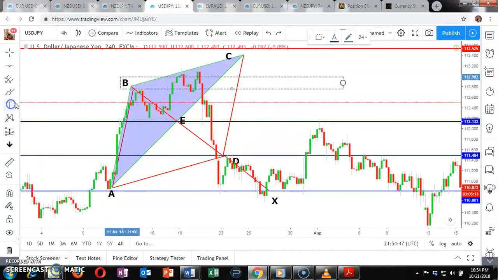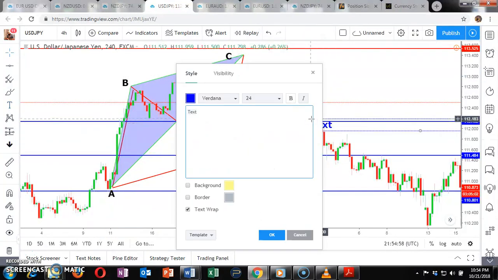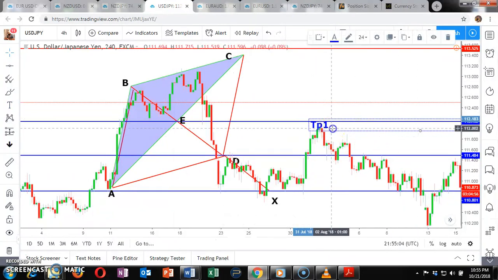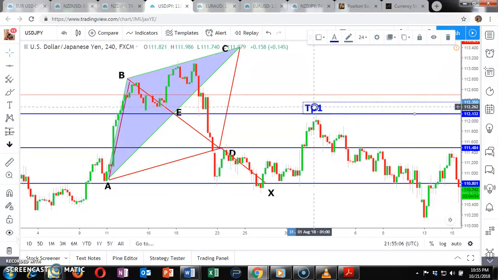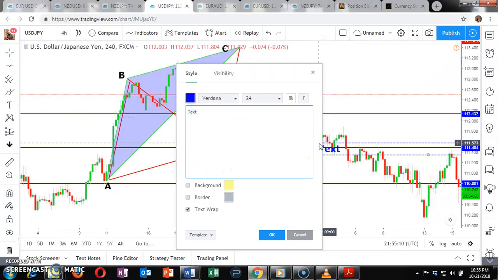So in this particular bearish rhombus here, this is your TP1. So I'm just going to label this TP1. Okay, and this is your TP2.